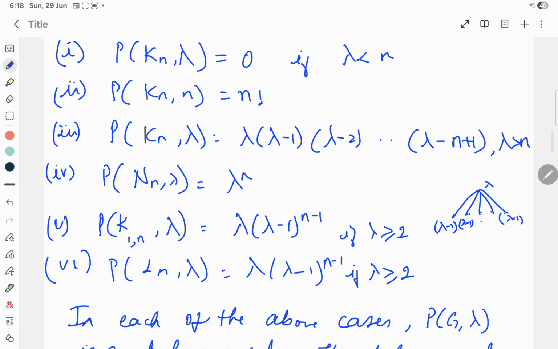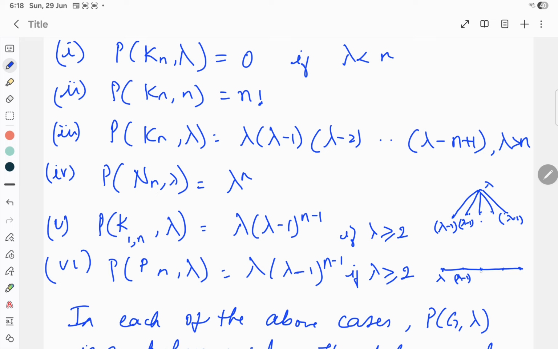Now, what is P of Ln comma lambda, or you can also write it as Pn, the path, Pn comma lambda. Let me consider the path with n vertices, right? The first vertex is colored with, say, lambda ways. The second vertex has the possibility of coloring with lambda minus 1, okay?